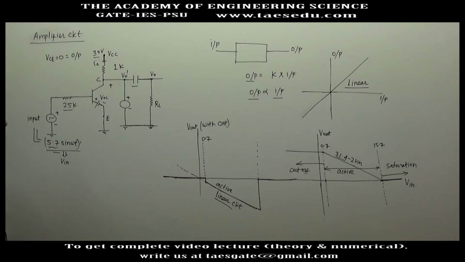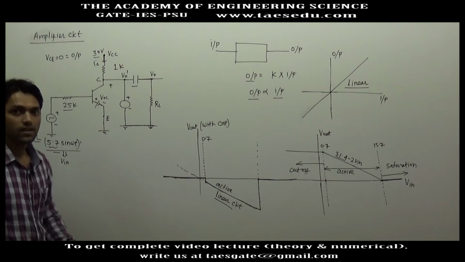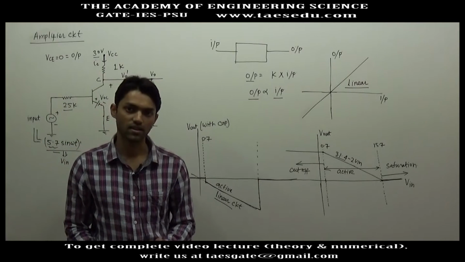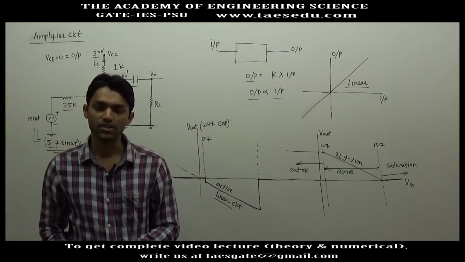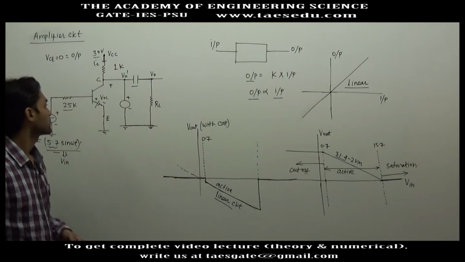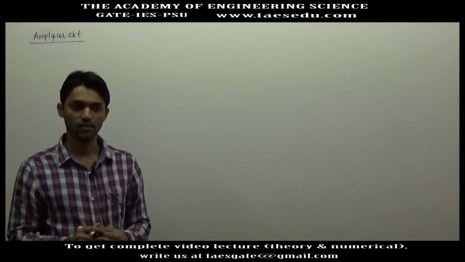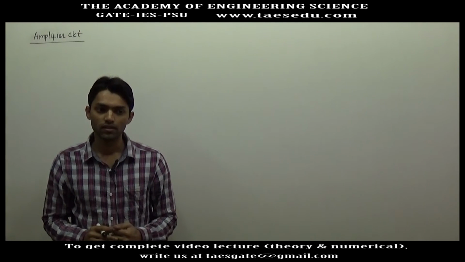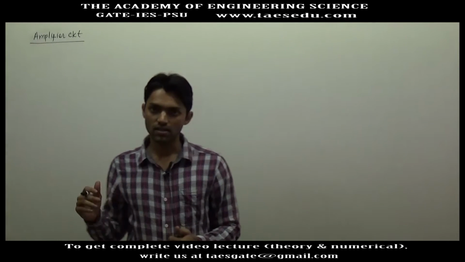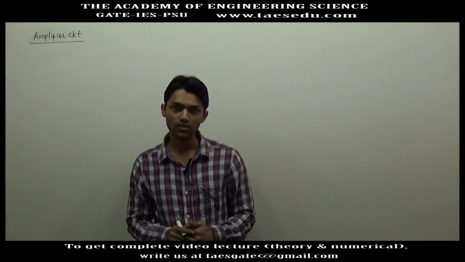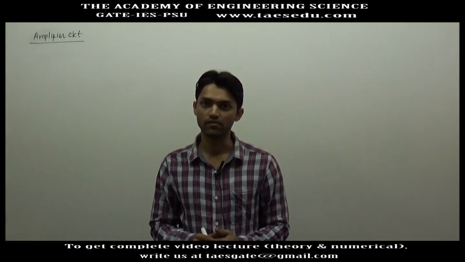So if you want a transistor circuit to operate as an amplifier circuit, you have to operate that transistor circuit in active region only. So with the help of a previous example, we understood that for a transistor circuit to operate as an amplifier circuit, it has to be operated in active region.